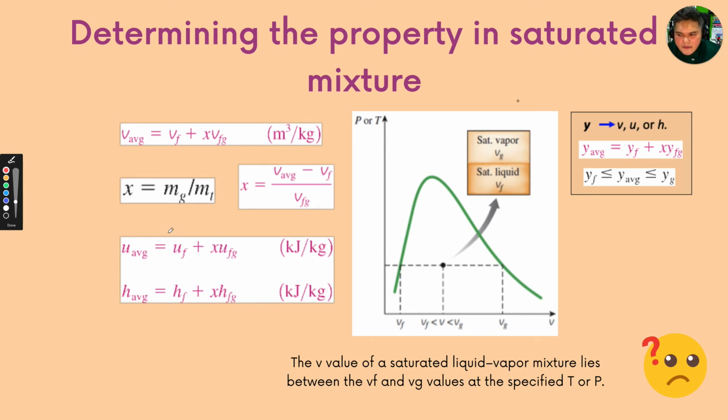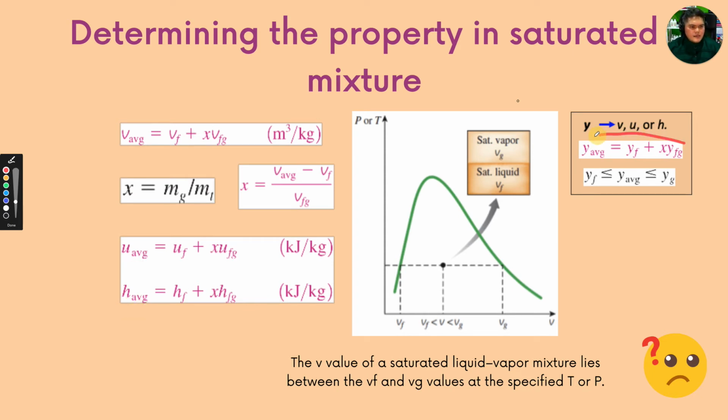At the same time, if we want to determine the internal energy or enthalpy, you can just use a similar formula. You just replace V with U and with H. You refer to the table to get UF and HF, and once you know the X value, you'll be able to determine your U average as well as H average.